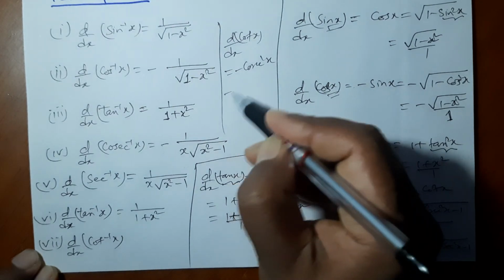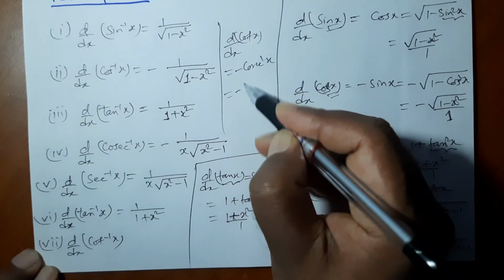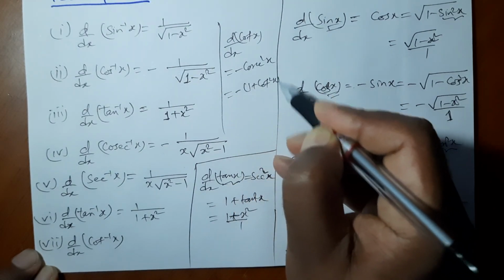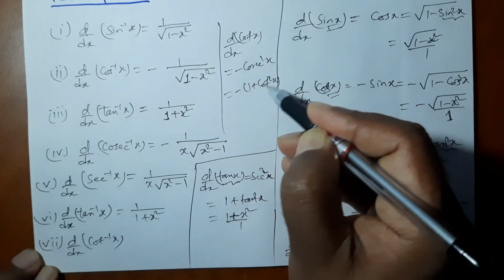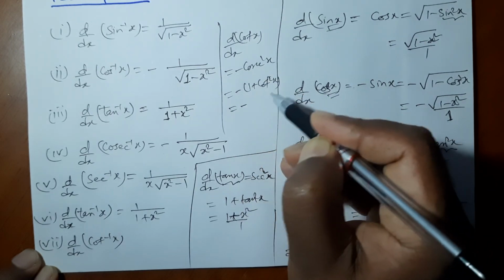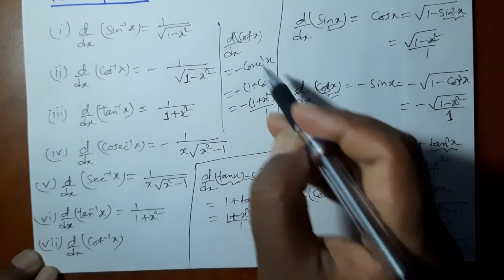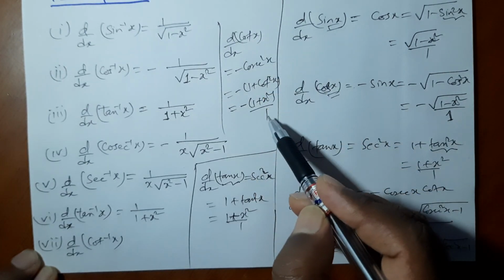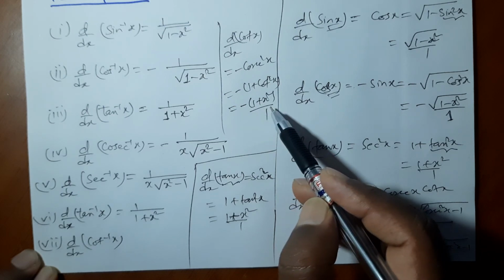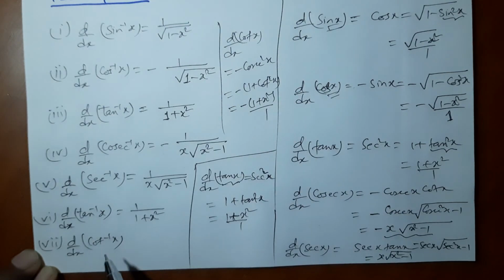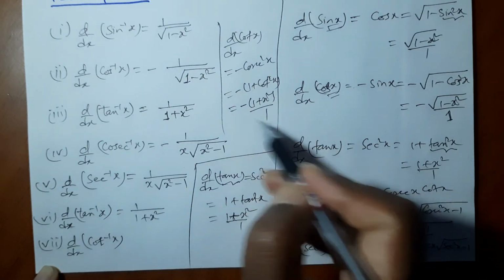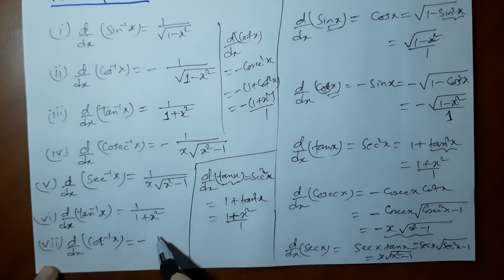Okay, so you can write this cosec square x equals 1 plus cot square x, and then here cot x replaced by x, 1 plus x square will be here, and from cot x derivative we got minus 1 plus x square, but we need the cot inverse x derivative, so inverse means opposite, so we will take the reciprocal of this, so it will be minus 1 over 1 plus x square.